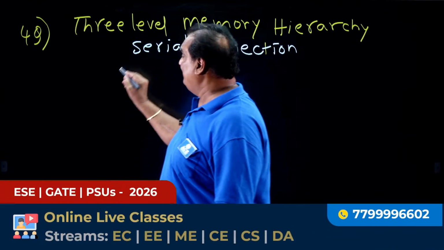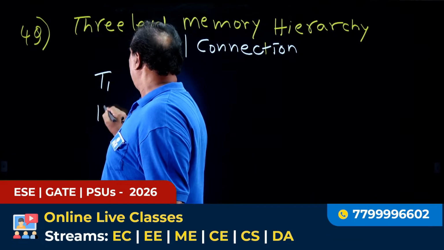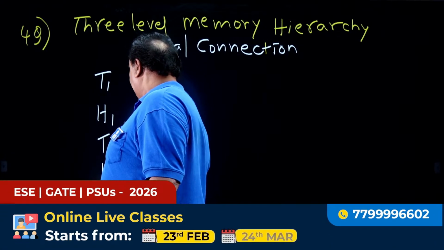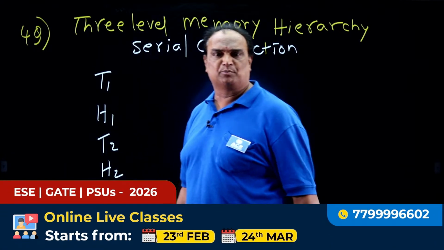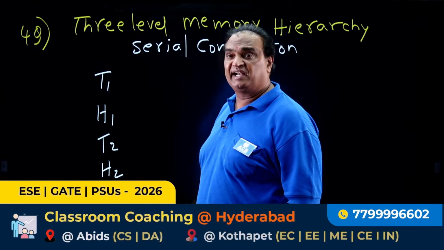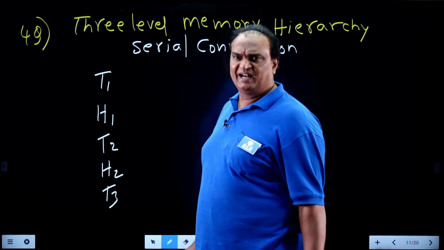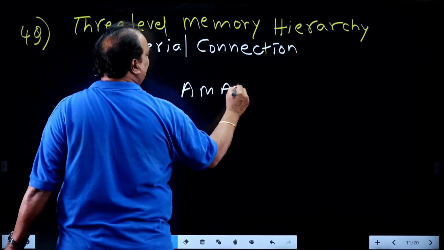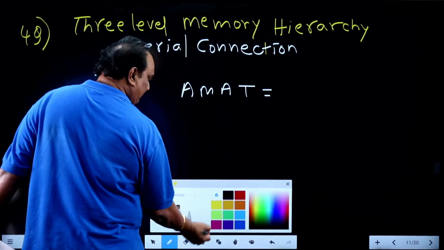That's why what he mentioned here is T1, H1, T2, H2, T3. H3 is not needed because H3 means hit rate of the last level memory, that is 100%. So he asked the average memory access time. We already know the expression.